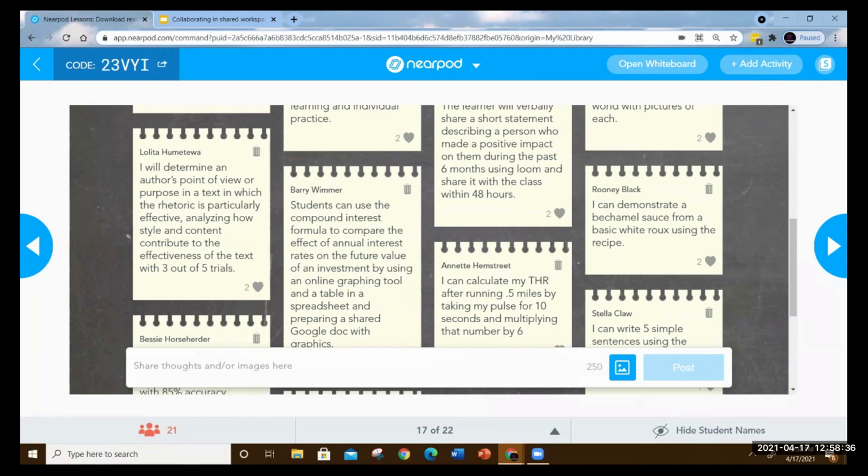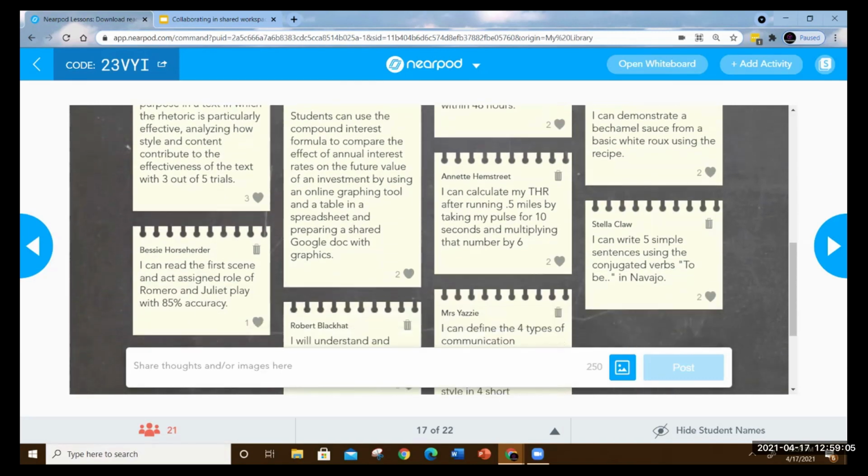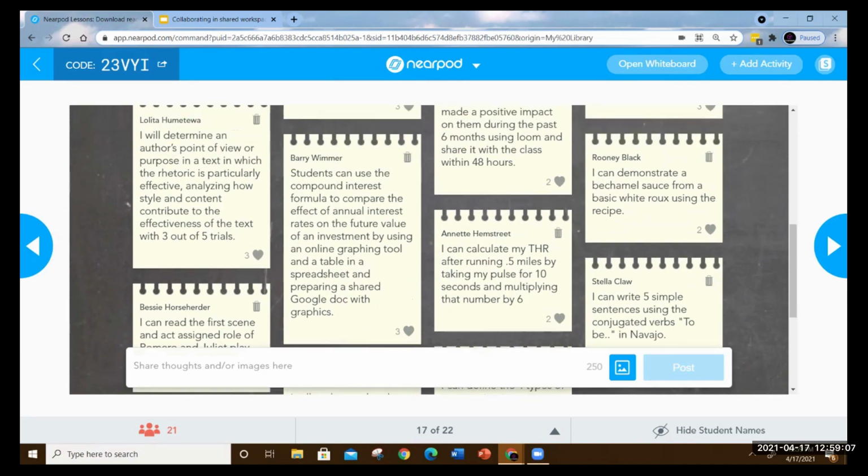Make it more direct. That utilizes effective rhetoric. Like particularly is opinion, right? You want something concrete that utilizes effective rhetoric and analyze how the style and content contribute to that effectiveness. And I don't know what you mean by 3 out of 5 trials. Like, these are awesome.